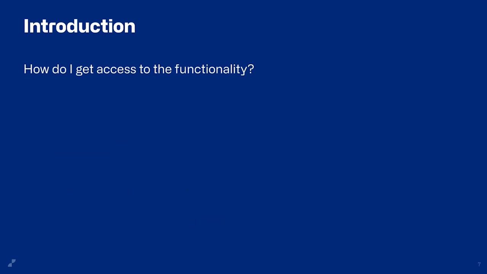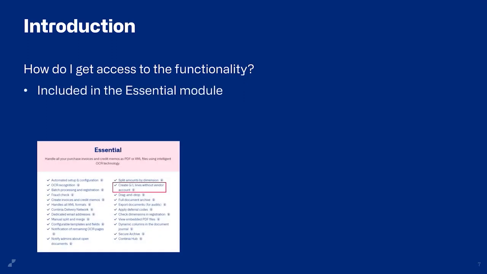How do you then get access to the area, the functionality? Well, it's actually quite simple. Install the app, the solution, and look into the Essentials area, the basic module of the solution. It is included. Create GL lines without vendor accounts or with vendor accounts, depending on your setup.